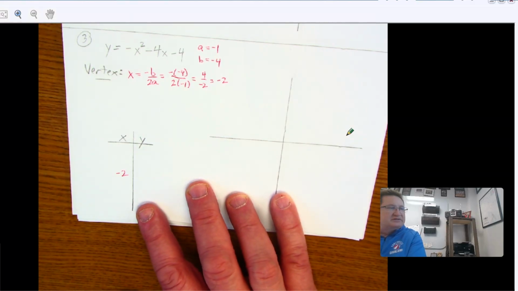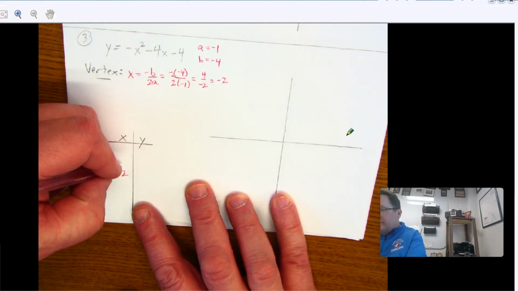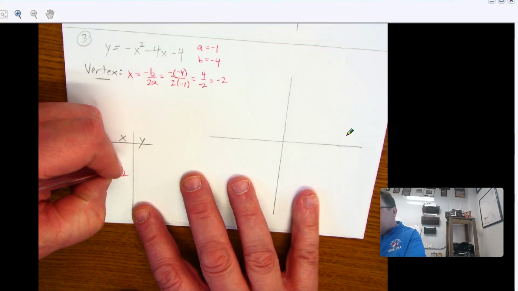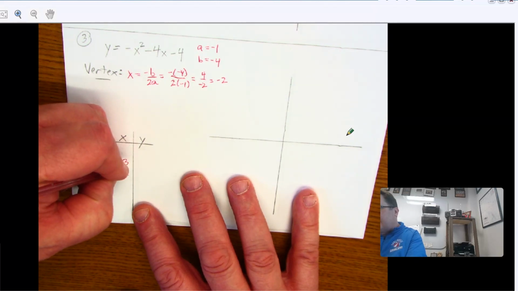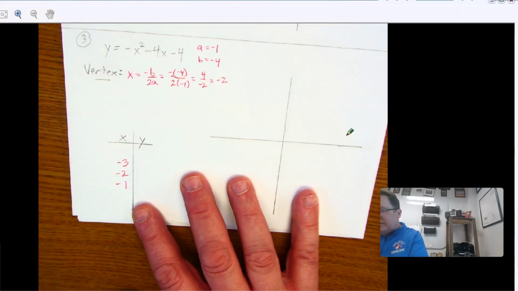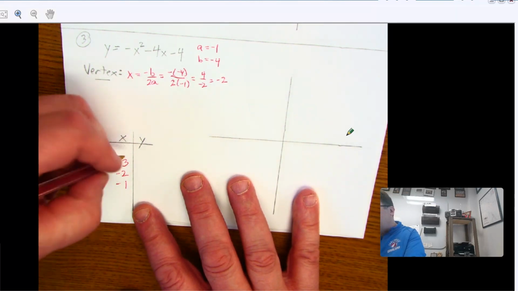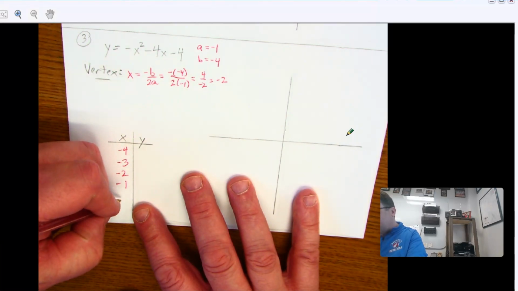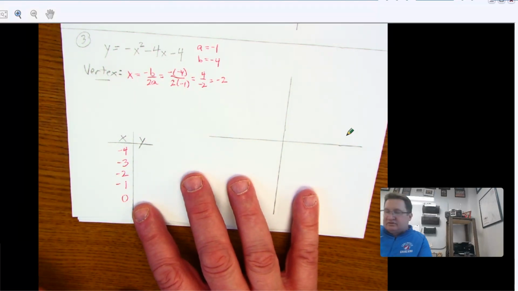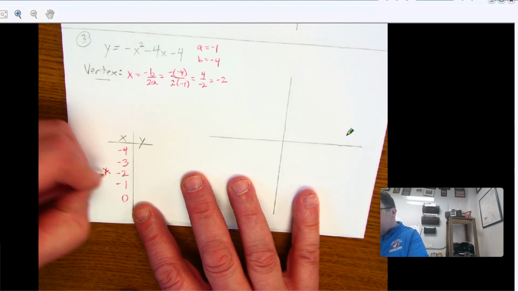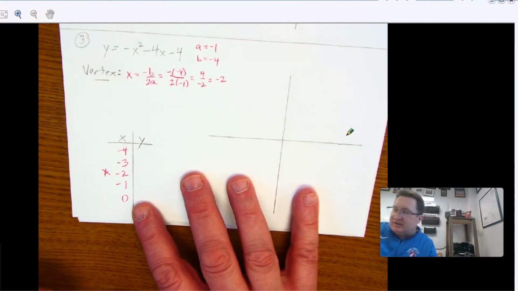It's the vertex, and so we're going to go ahead and move 1 to the right and 1 to the left of it. And so 1 to the left of it is -3, and 1 to the right is -1. And then if we go one more, so -4 and 0. All right, so this will be our vertex right there in the middle, and then we'll find the other ones.